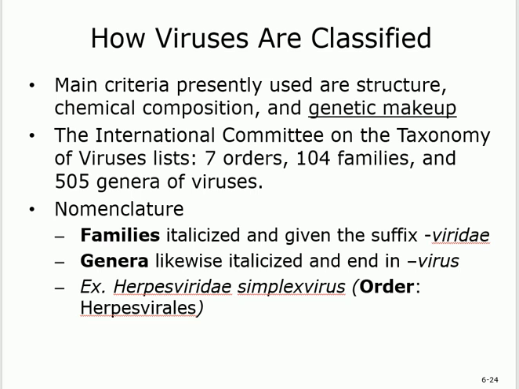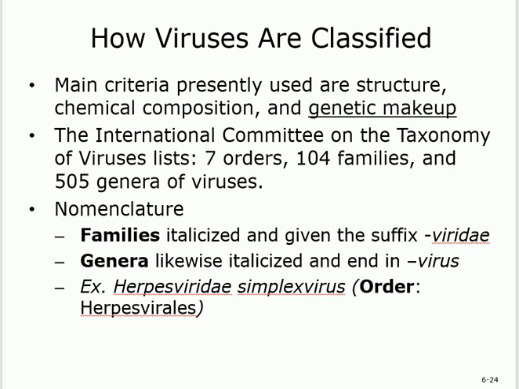Now, classification of the viruses. How do you classify viruses? Structure, and we talked about this. Are you icosahedral? Are you helical? Are you complex? Are you naked? Are you enveloped, right? This is one of the classifications.